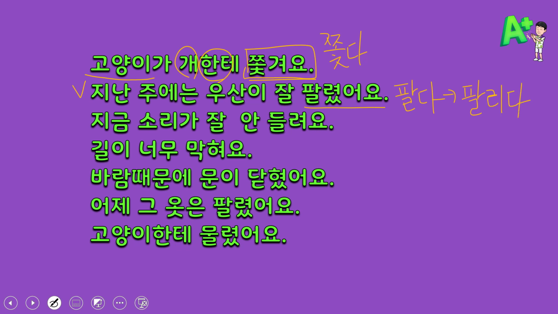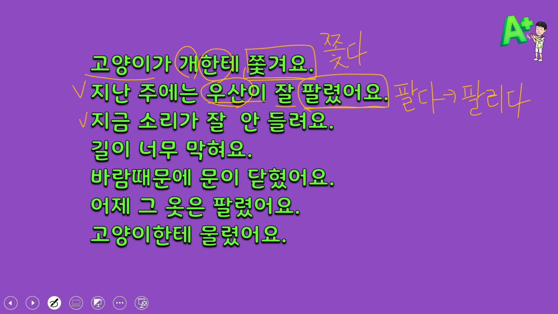So last week, umbrellas were sold well. 우산 cannot sell itself. So even if you don't recognize this verb as the passive form, you can sort of figure it out if you think about what the sentence is trying to say. Next sentence.